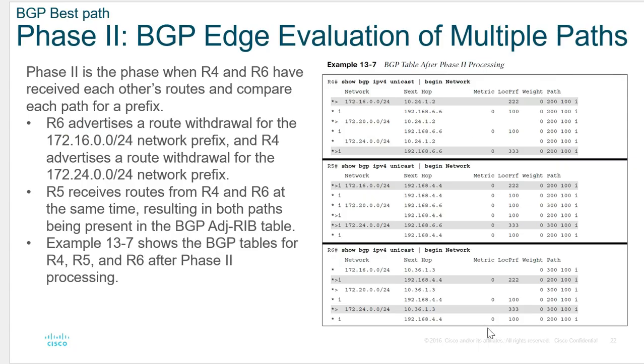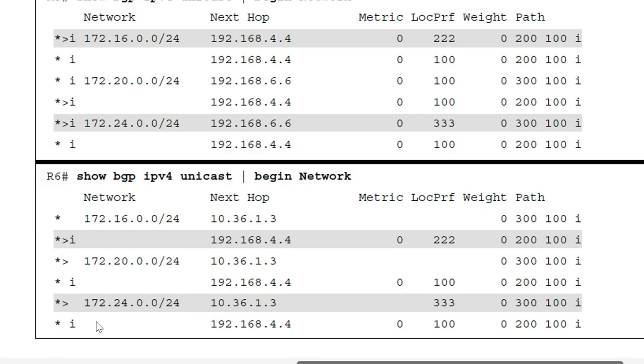In the second phase, router 6 will receive a route advertisement for 172.24 from router 4, and it will automatically set the default value of local preference, which is 100. Between 100 and 333, we are looking for the higher local preference. So here, router 4 will send a withdrawal, right?